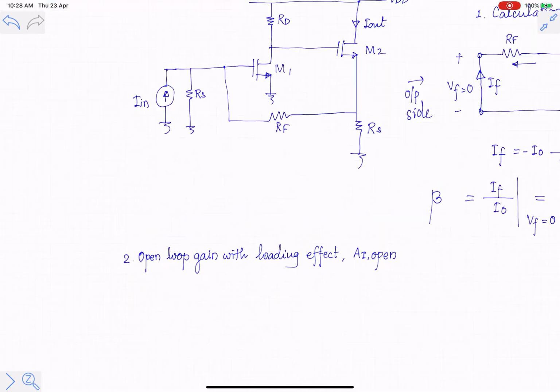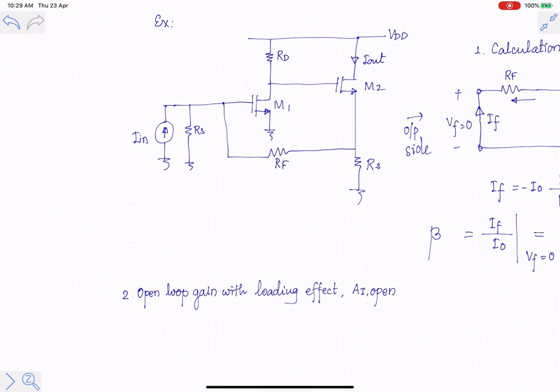For this, the feedback network has to be duplicated on the input and output side. So I will do it in the same circuit. I will just delete this and duplicate it on both sides.